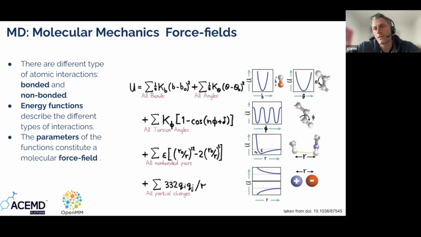The same goes for angles and torsions, and then you have some more realistic terms: van der Waals, Lennard-Jones, and Coulomb, the charge interaction. Any big molecular simulation you see is based on this simple form, and then you learn the parameters k_theta, k_b, k_phi, and so on, not in a systematic way, but kind of manually.